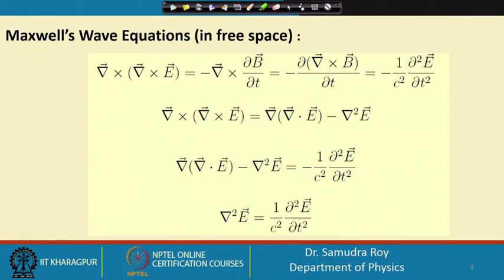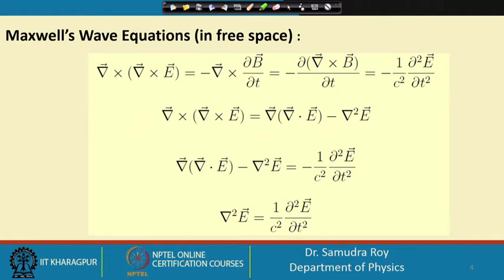Let us now go to the next topic, Maxwell's wave equation in free space. When I talk about Maxwell's wave equation, we are trying to derive an equation whose solution produces some kind of wave. Here we are doing it in a very straightforward way. I believe most of the students are aware of it, but still let me explain how one can generate this wave equation using the 4 basic Maxwell's equations.